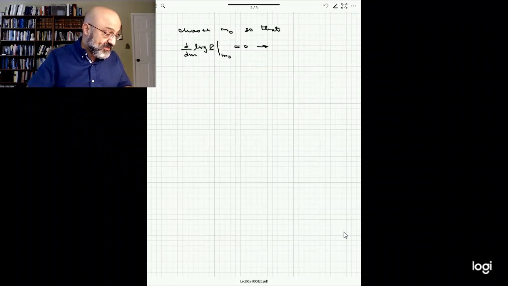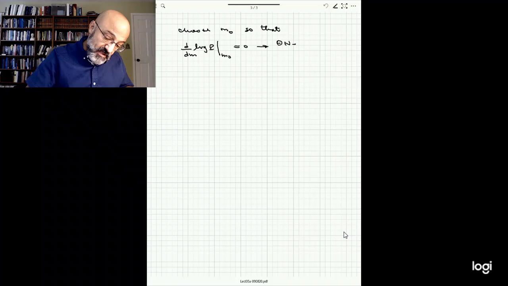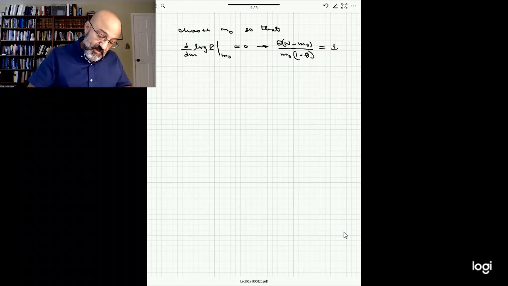So let me write it out. What we want is theta (n minus M0) divided by M0 (1 minus theta) equals 1, which is the same as just solve.